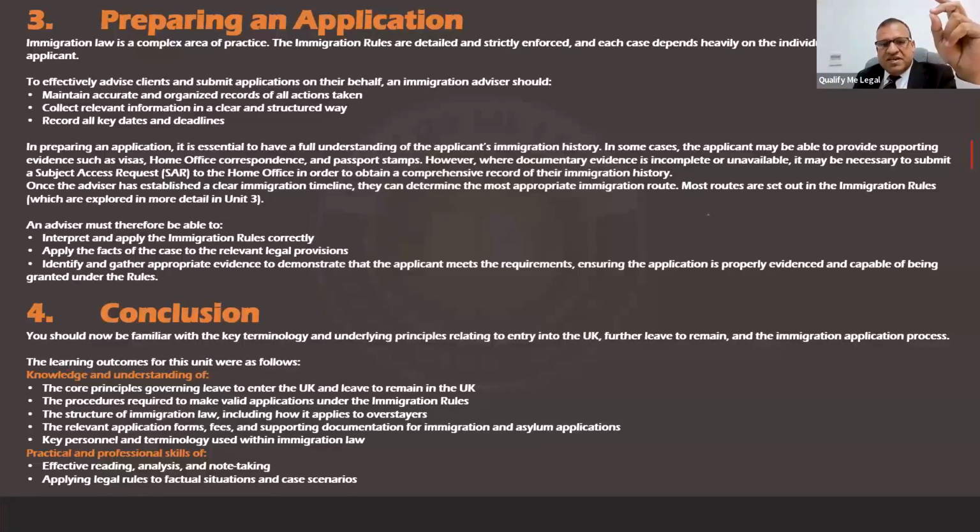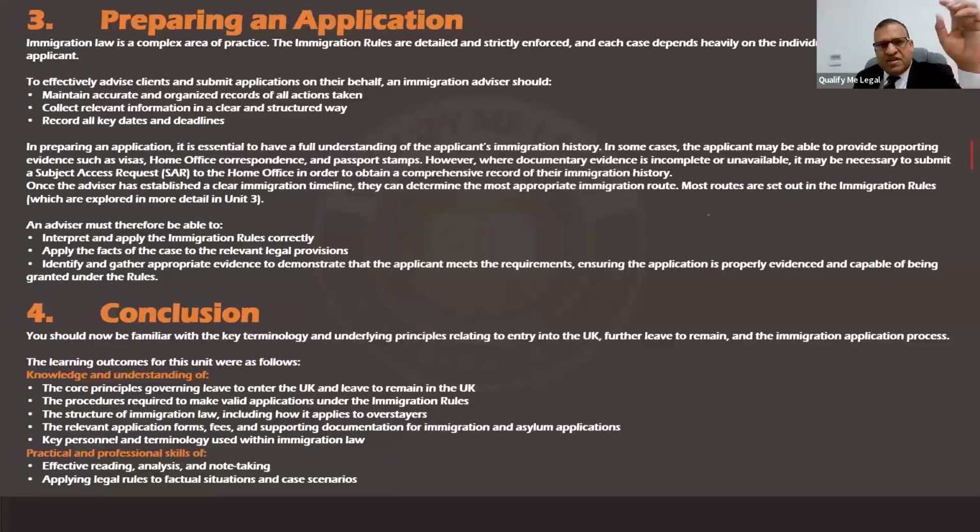And then we discussed the fee, the asylum applications, and overstay. Then we discussed if a person has become an overstayer, if there is any way out in order to apply. I told you about the relevant rule. So this is the whole conclusion.